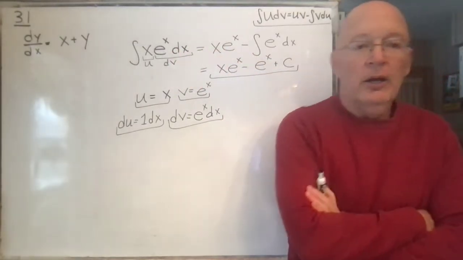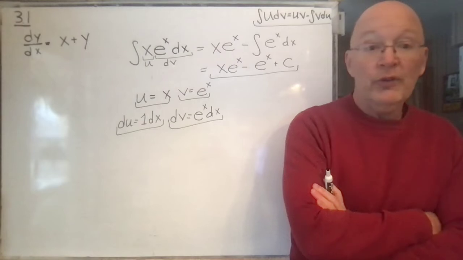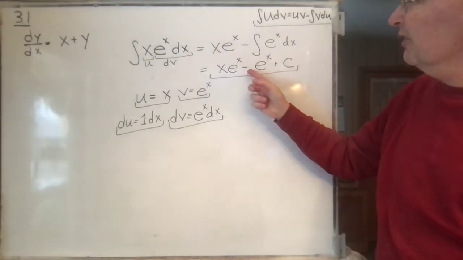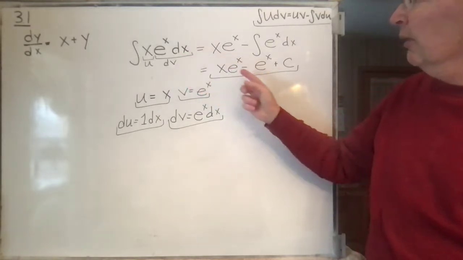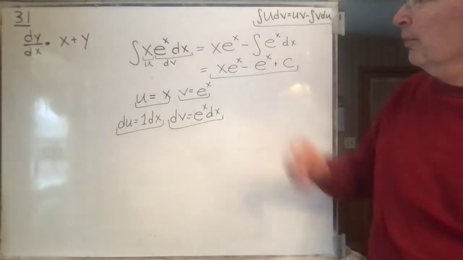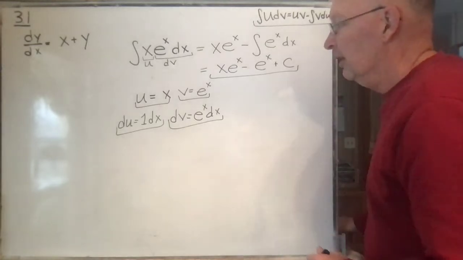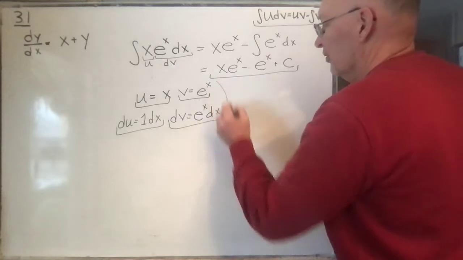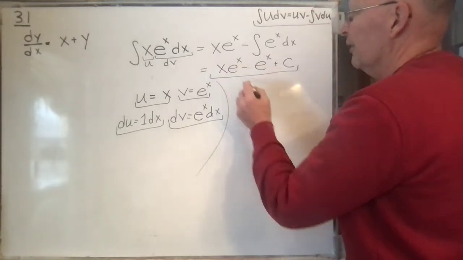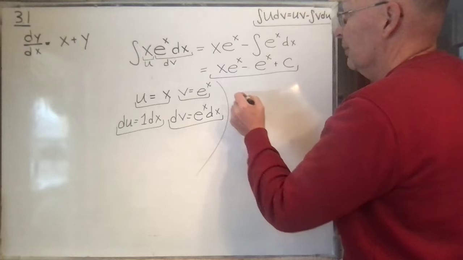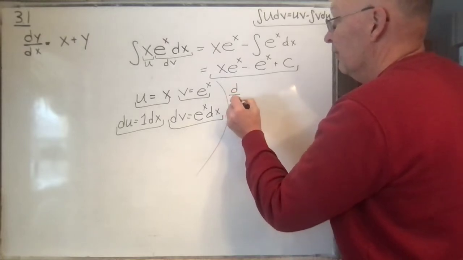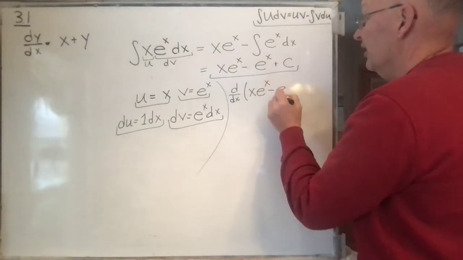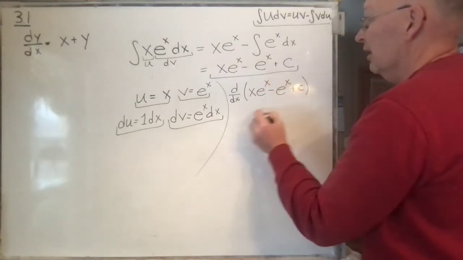And if ever you are unsure of yourself or want to check, how do you check that this in fact is the antiderivative of this? You just take the derivative of this and you should end up with that again. Let's go ahead and do it just to check. The derivative of x e to the x minus e to the x plus c is equal to what?